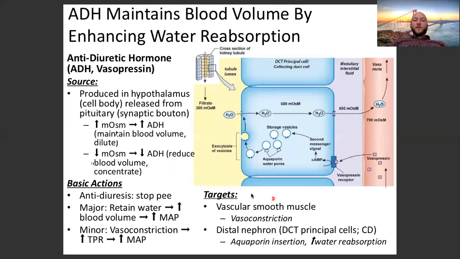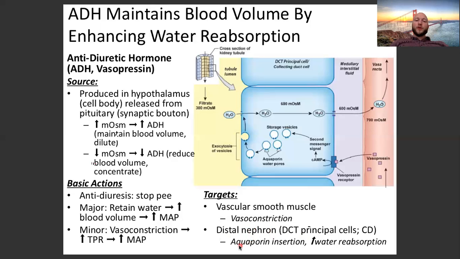How does it work? Well, vasoconstriction, it works on the smooth muscles of our circulatory system. And it also works on the distal nephron, the cells called the principal cells in your distal convoluted tubule and in your collecting duct. And what it does is it puts more aquaporins in these tubes.